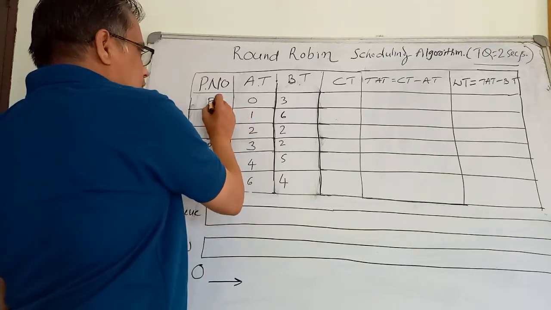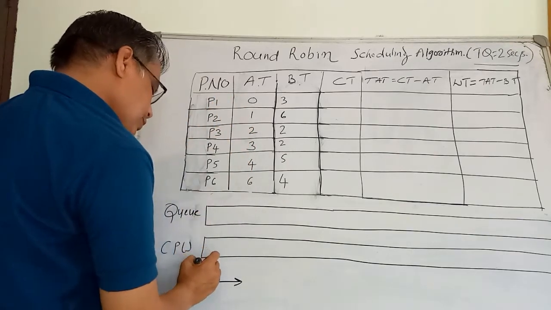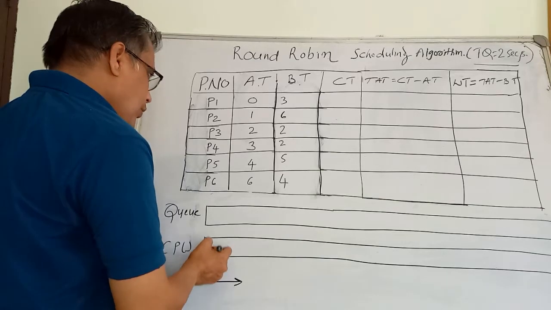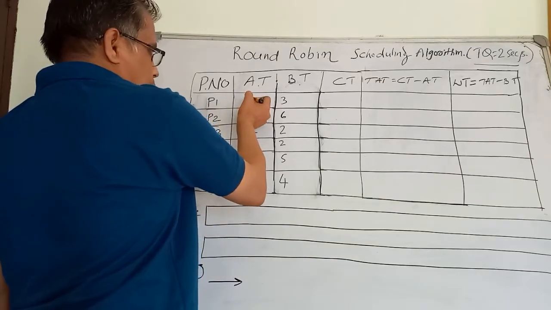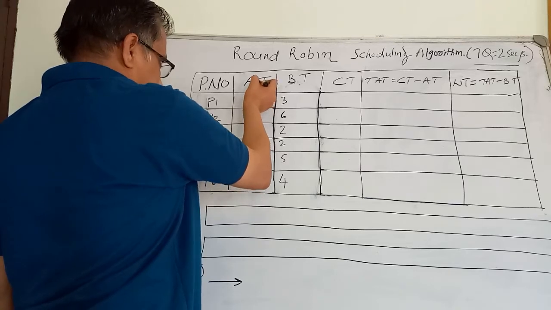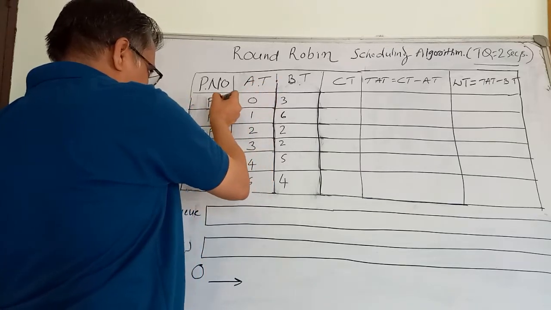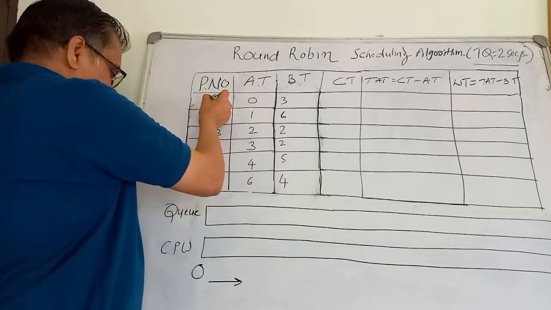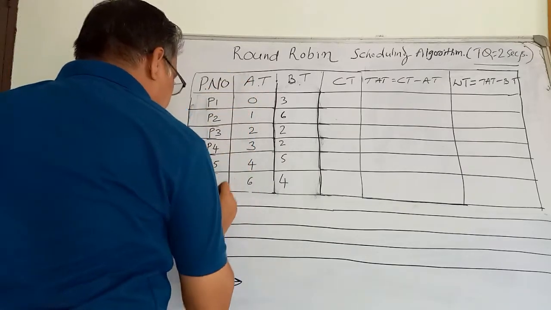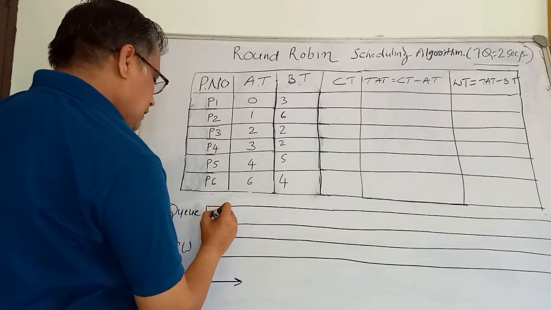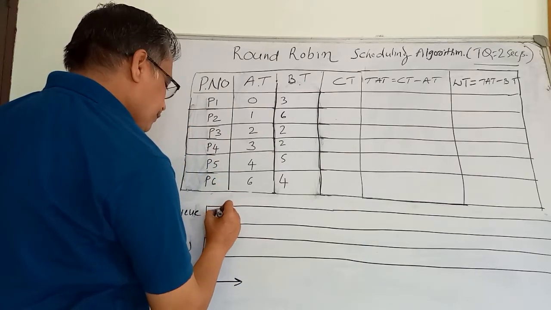Since the CPU initial time is 0, at the initial time of 0 you have to see which process is arriving in the second column, that is the arrival time column of the table. It is 0, that means the P1 process has arrived. That means you have to load that P1 process in the queue.